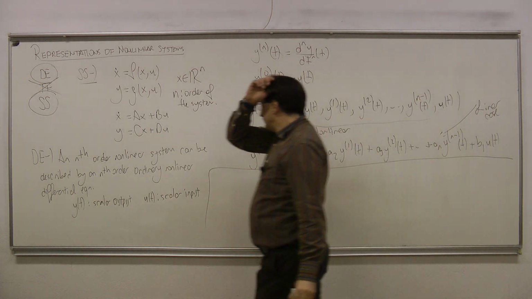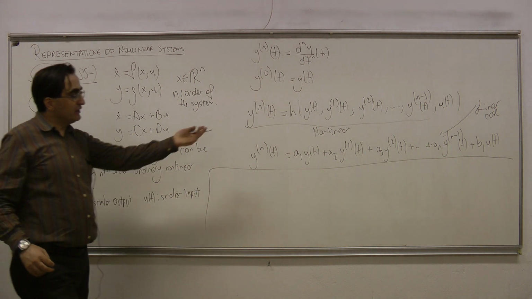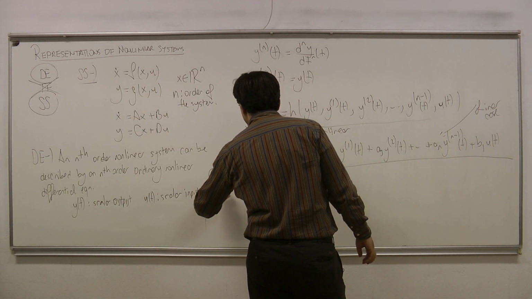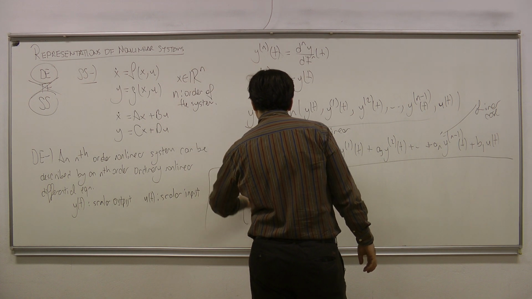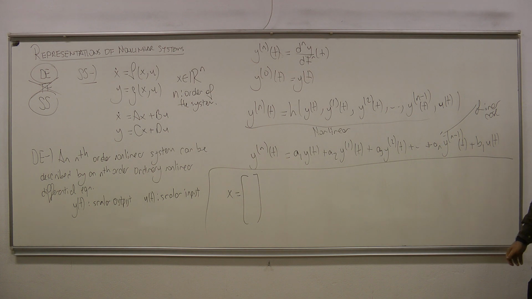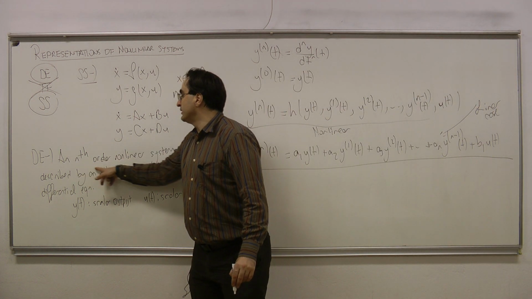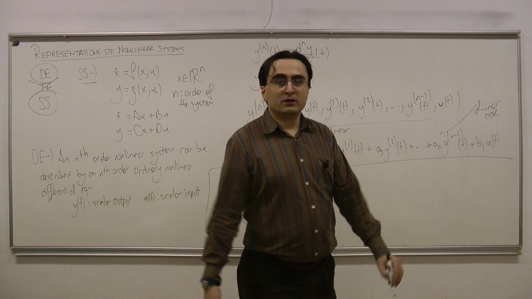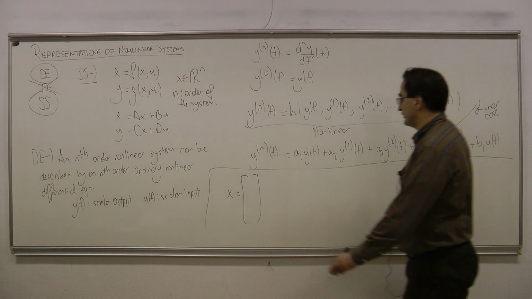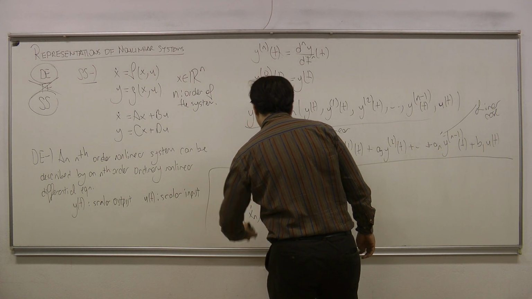Now, for defining a state space representation for that nonlinear differential equation, I'm going to define the following state vector. X is going to be, how many state variables do I have to use here? This was an nth order nonlinear system. Therefore, the number of state variables that I need to use here is just n. So I have x1, x2, going until xn.